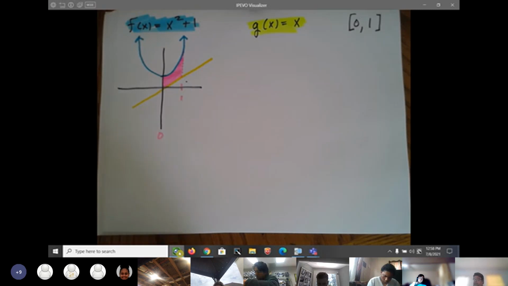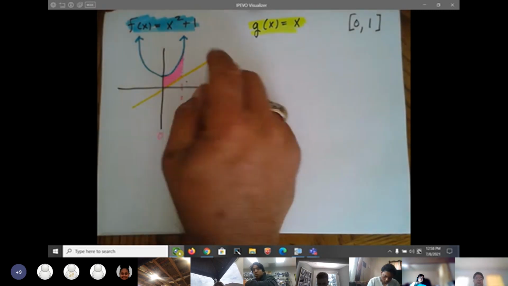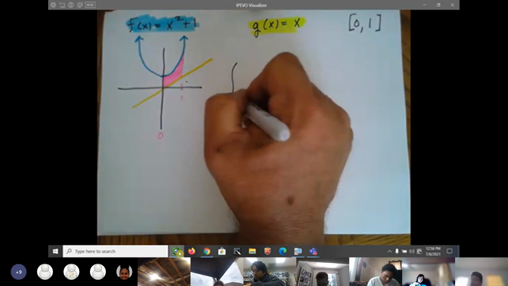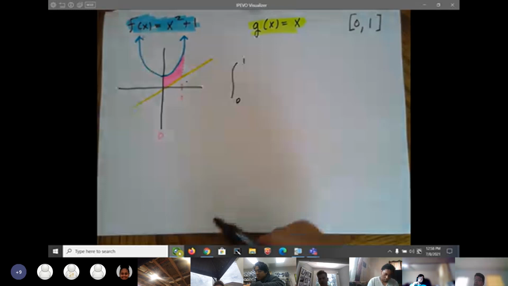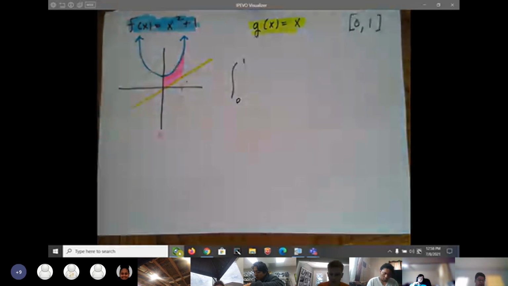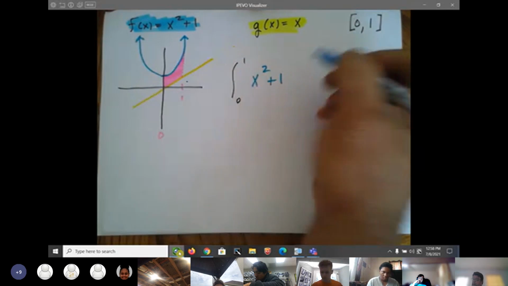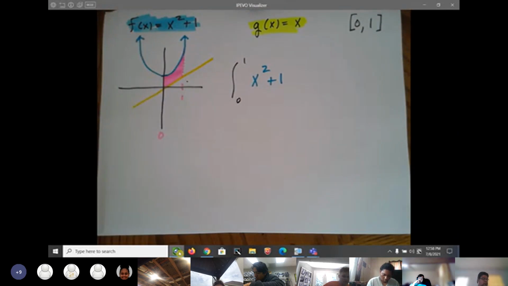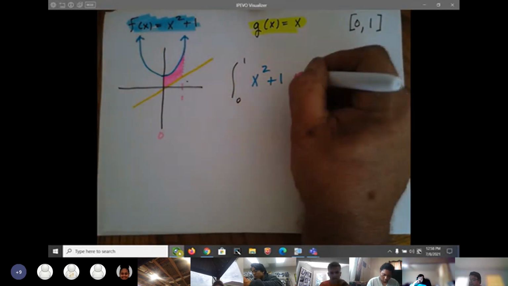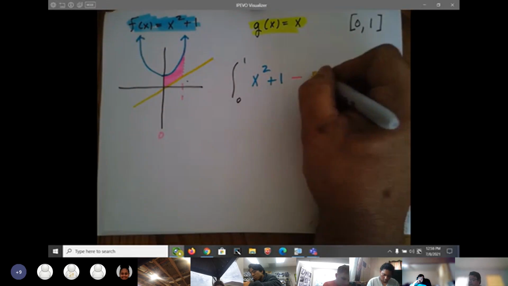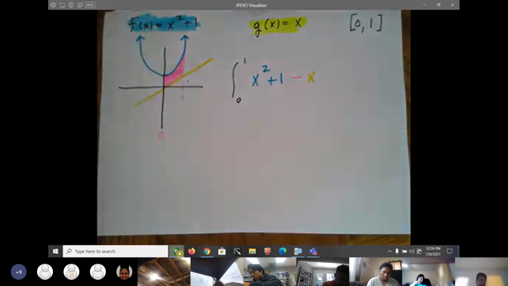So we all know that f of x is the dominant one. That means we're going to take the antiderivative from 0 to 1 of x squared plus 1 minus x dx.